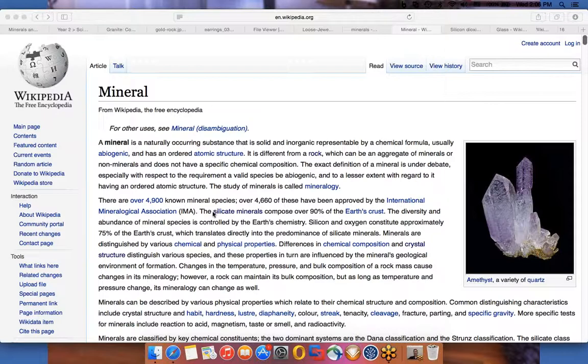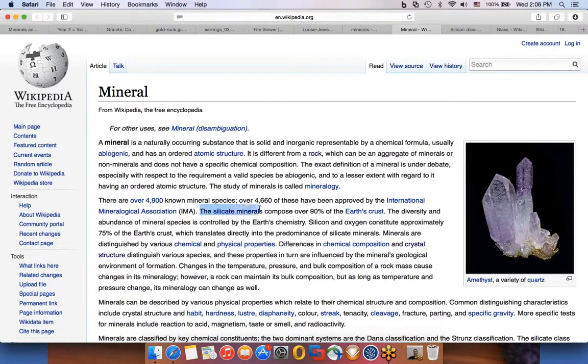The article here says also that there's a specific type of minerals, silicate minerals, that compose over 90% of the Earth's crust. So silicate minerals are the minerals that are based on silicate. Silicate is a specific type of mineral. We are going to talk about that in more detail.